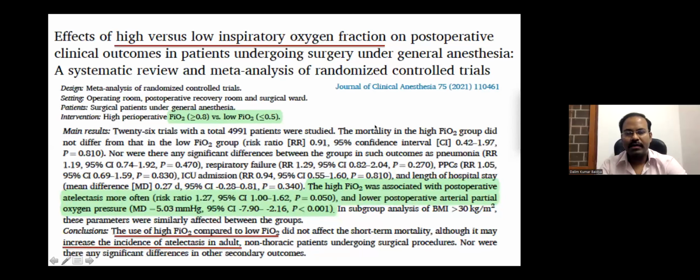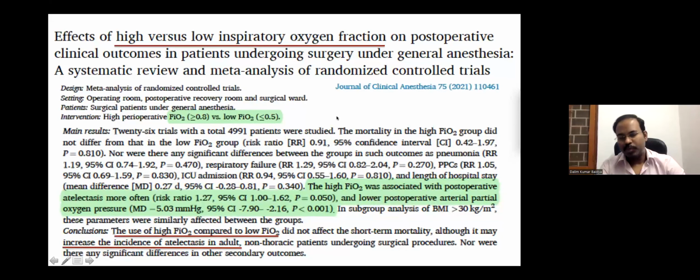And recently, the meta-analysis of these trials, which compared high versus low FiO2, has been published in JCA 2021. The trials had used high FiO2 as 0.8 at least or above, and low FiO2 0.5 or below. If you look at the complication rates, there was actually no significant difference in post-op pulmonary complications like pneumonia, respiratory failure, ICU admission or length of hospital stay.